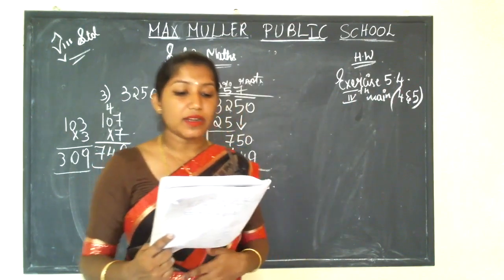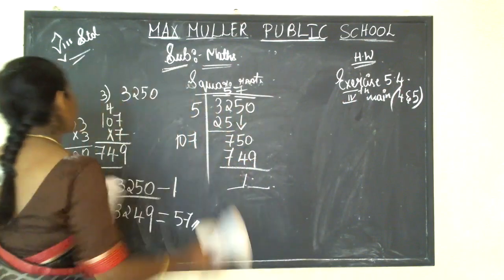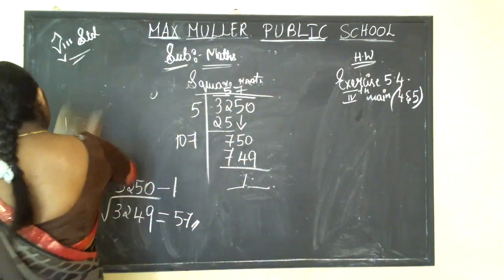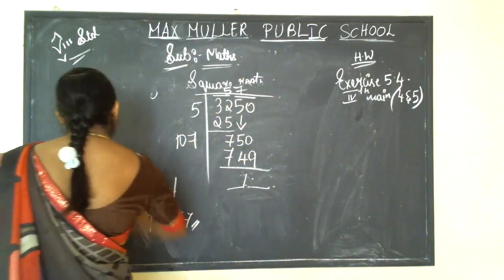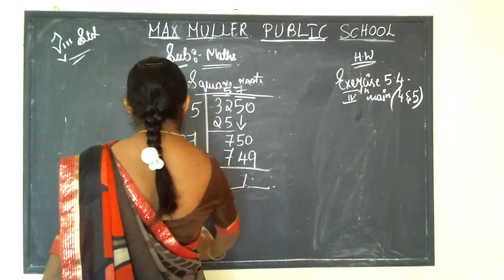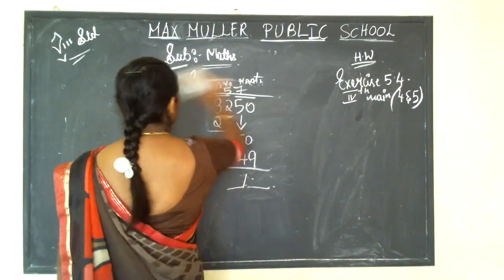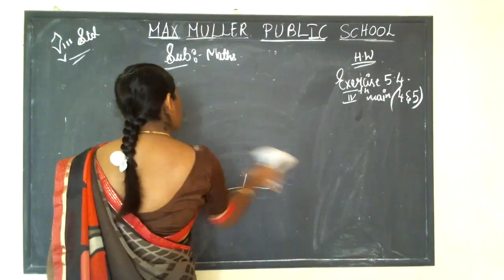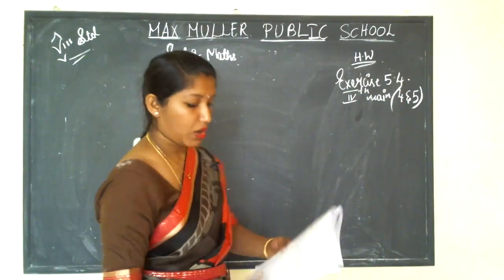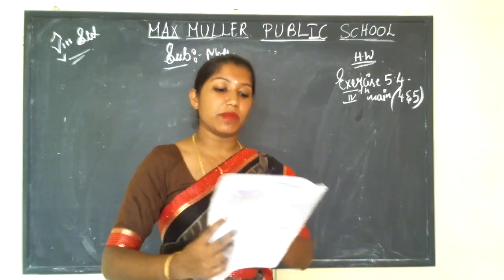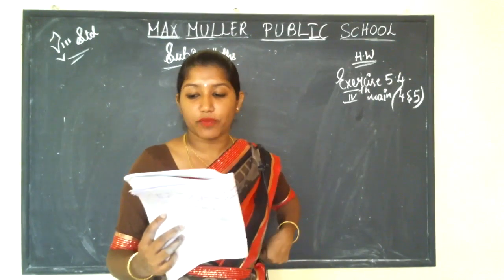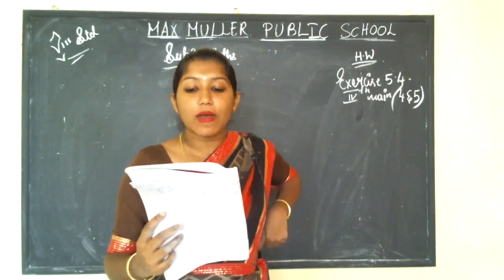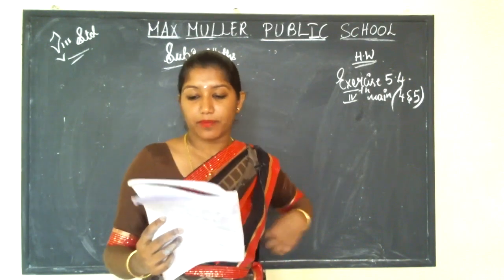Now they have given, coming to the next main: find the least number which must be added to each of the following numbers so as to get a perfect square.